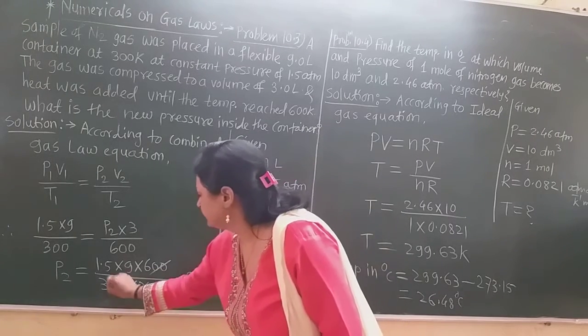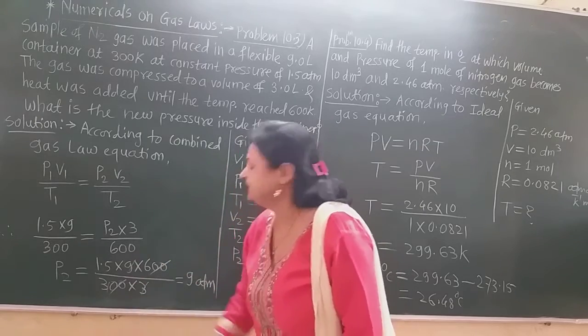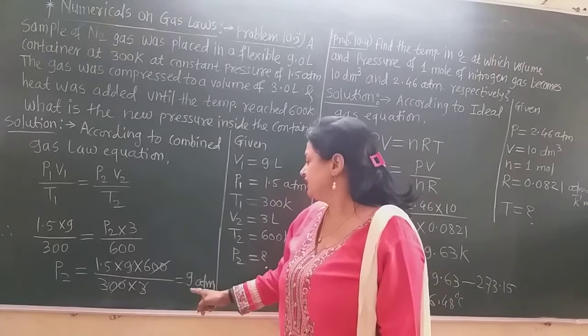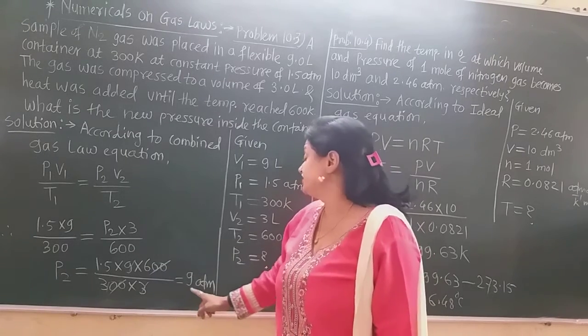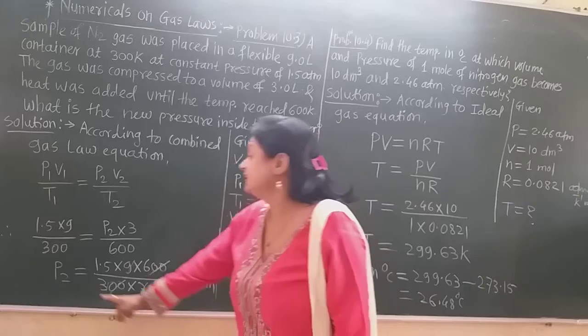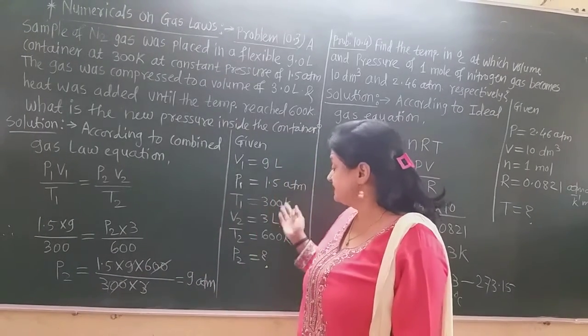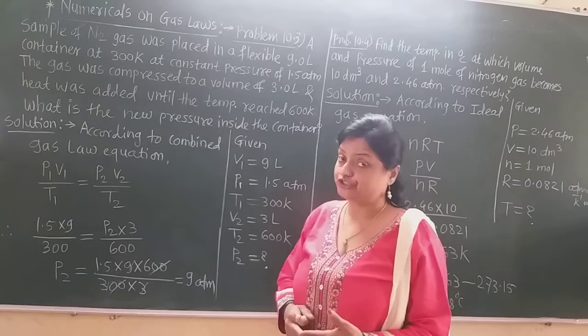Now this 3 and this 9 get cancelled, and 1.5 into 6 is equal to 9.0 atm. In this way the pressure is 9 atm when the temperature is increased to 600 and the volume is decreased to 3.